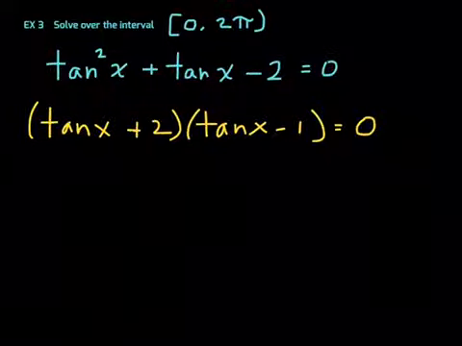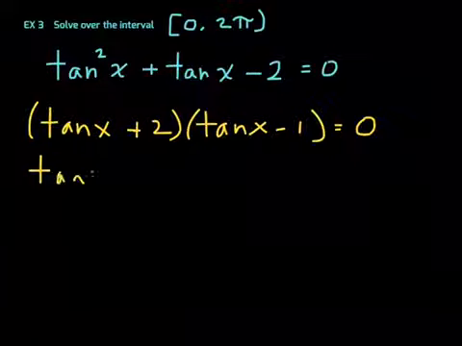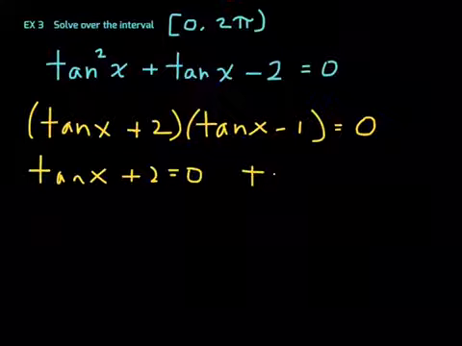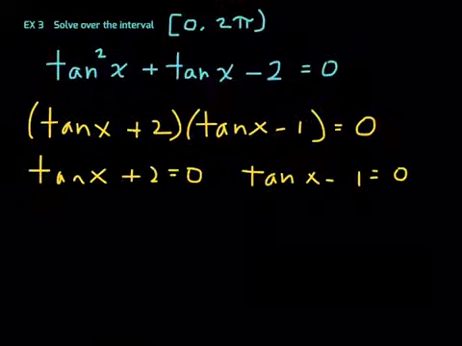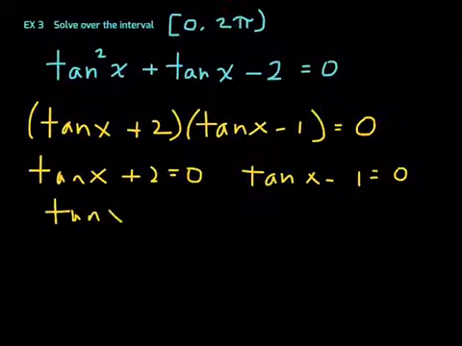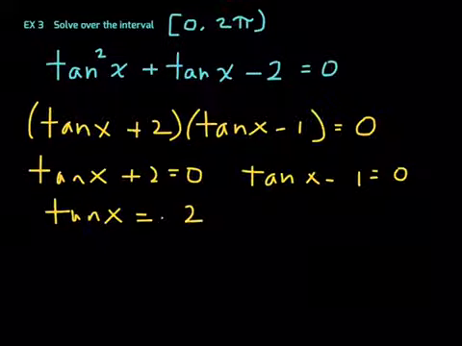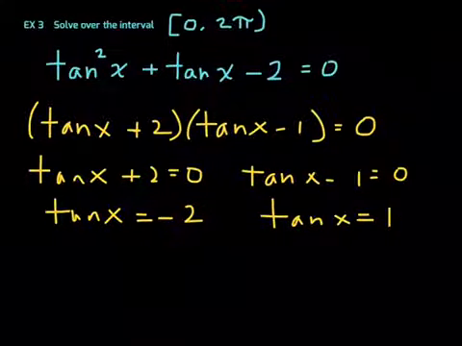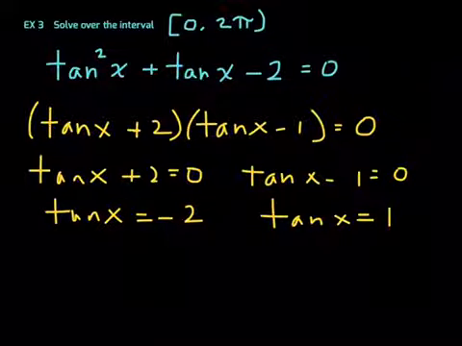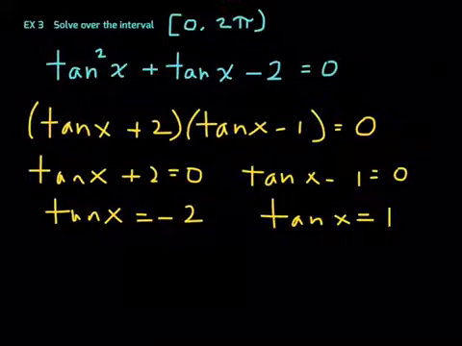And then we can set each factor equal to 0 at this point and solve. This leads to tangent of x is negative 2, or tangent of x is positive 1. All right, so we got 2 different statements that we want to solve for x. This one might be easier for us to knock out right now.